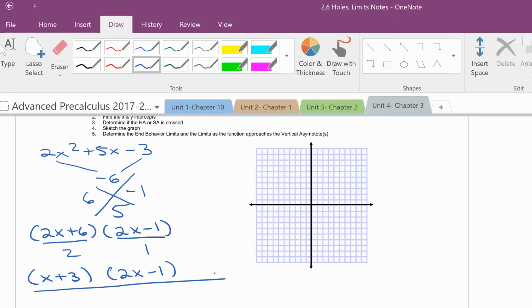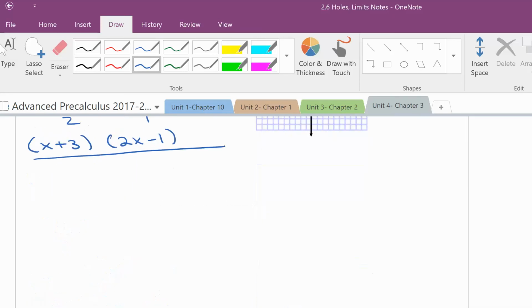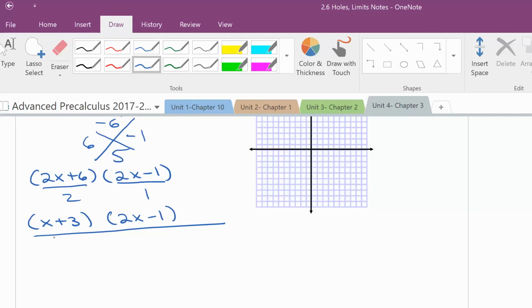And then when you factor x squared plus 5x plus 6, it gives you x plus 3 times x plus 2. The x plus 3's cancel, so your new function is 2x minus 1 over x plus 2.